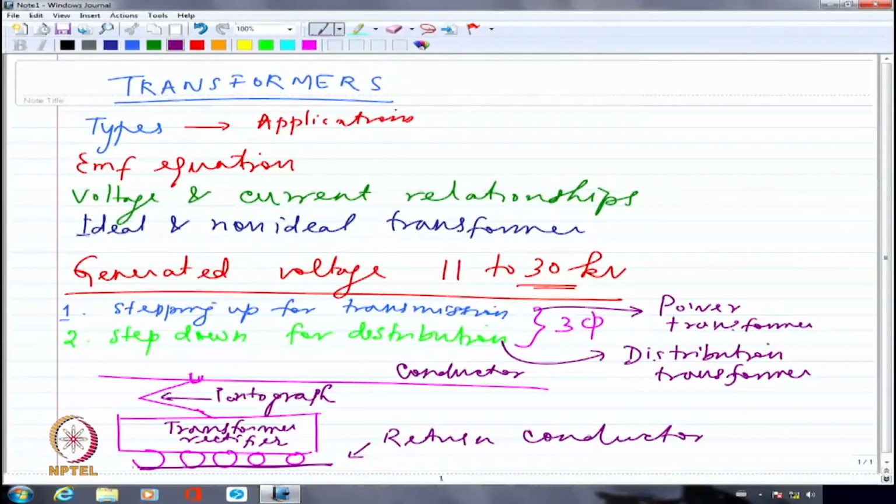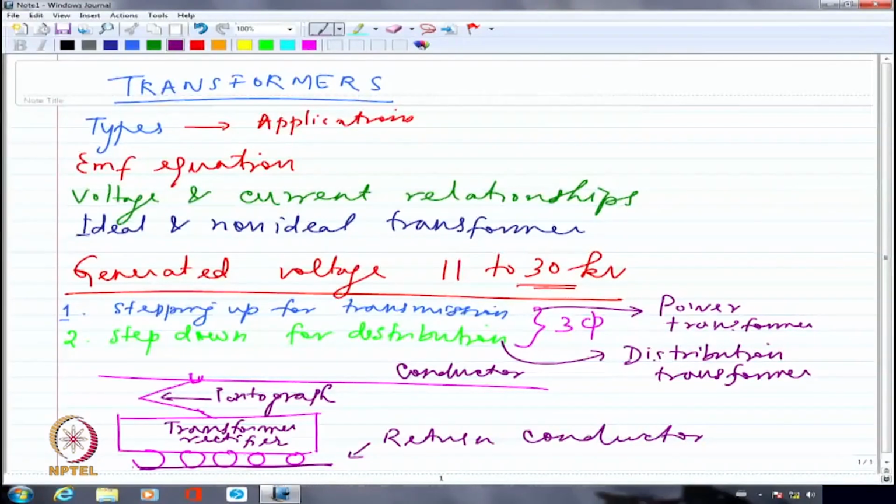Similarly, any domestic environment, if I look at a locality, I can't say all the loads will be on all the time. Even if one customer is wanting the power, I can't switch off anything. So distribution transformers normally will be energized 24 hours a day, 365 days in a year. All the time they will be energized.